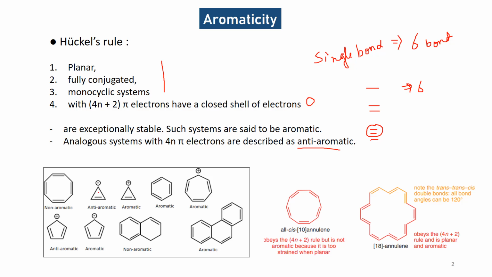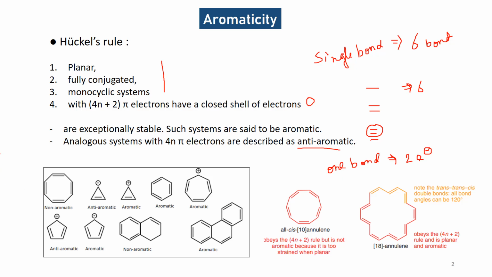So this is simple. Now, one bond equals 2 electrons. In this type of aromatic system, one bond means 2 electrons.